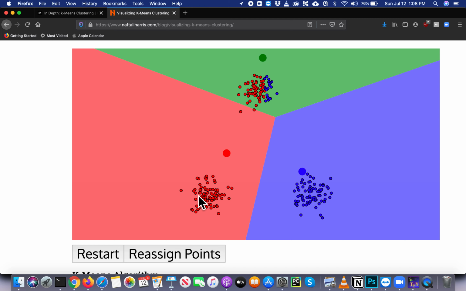the red points which were over here are now probably closer to the green centroid compared to the blue and the red. So if we reassign points, all of these will remain red, all of these will remain blue, but some of these blue and some of these red should become green definitely. Right, that is the case.